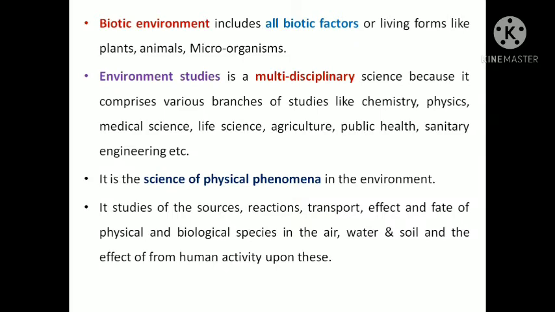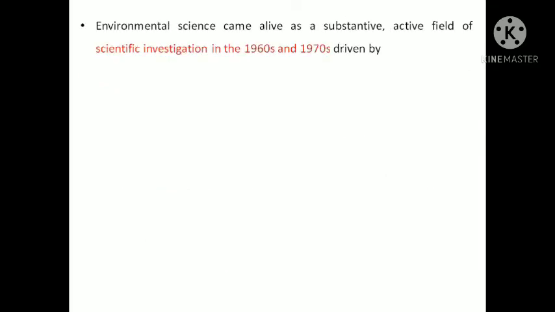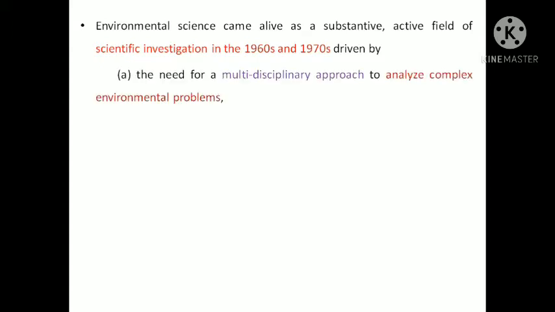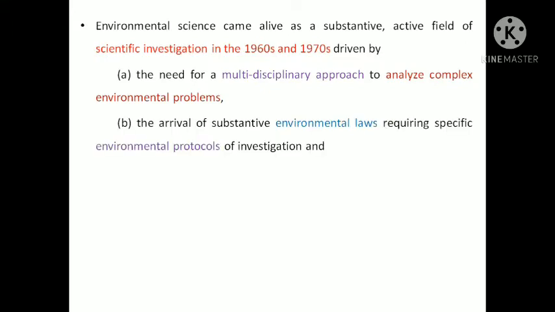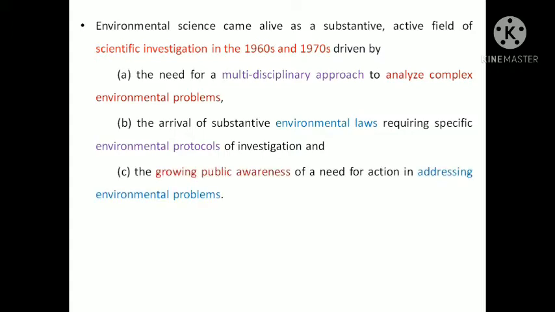Now, environmental science became a substantive, active field of scientific investigation in the 1960s and 70s, driven by a need for a multidisciplinary approach to analyze complex environmental problems. The arrival of substantive environmental laws requiring specific environmental protocols, at national or international level of investigation. And third one is the growing public awareness of the need for action in addressing environmental problems.